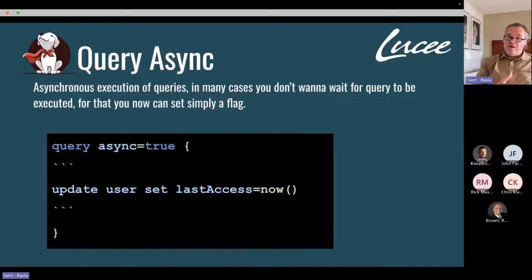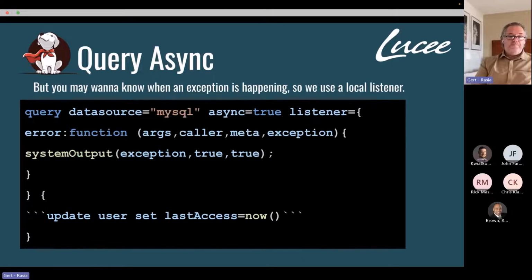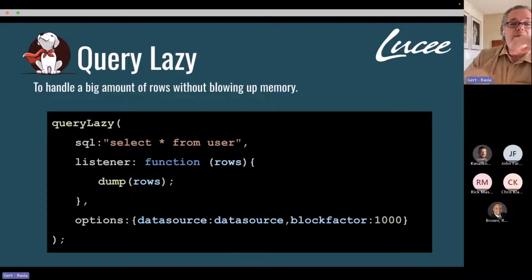For example, if an update that I'm writing in an asynchronous way is failing, then the listener still listens to the error that happens and can react on that. So you see in this case, you have async equals true, and then a listener that says, okay, here's the exception that has happened with that. This is something that I requested.